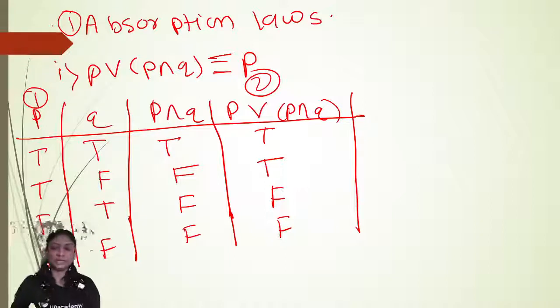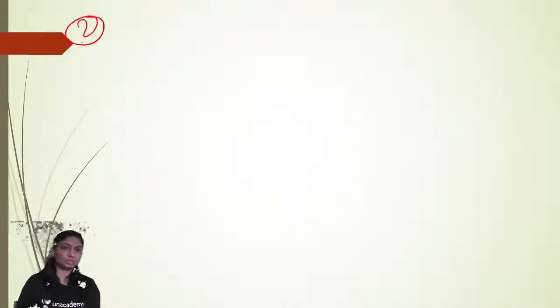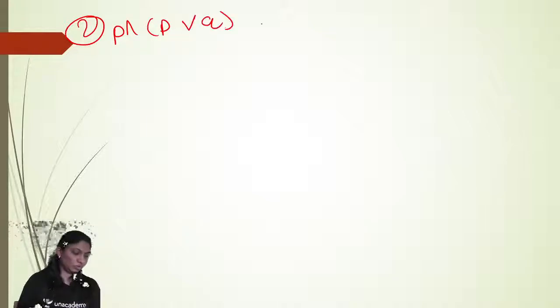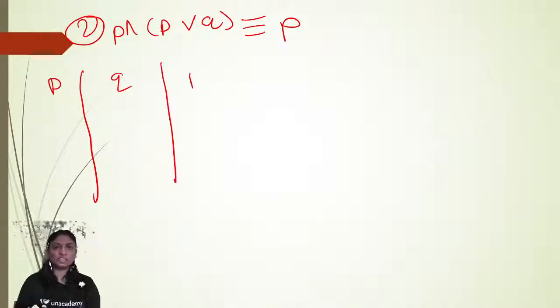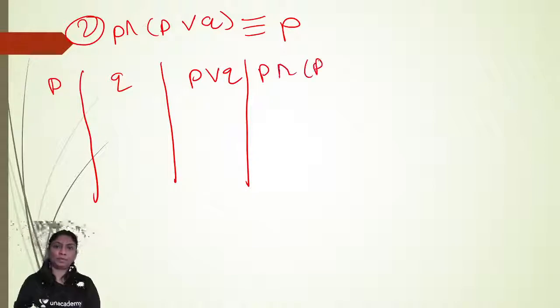In exactly a similar way we prove the second absorption law: P and (P or Q) is equivalent to P. Again, we will prove it with P, Q, P or Q, and P and (P or Q).